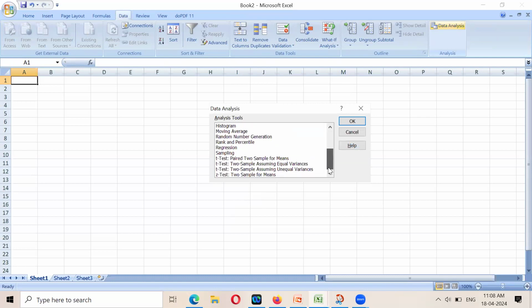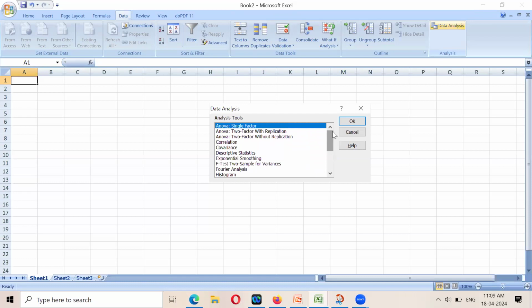Here you can see various statistical tests, like ANOVA: single factor, two-factor with replication, without replication, then correlation, covariance. You can do descriptive statistics also. You can find the F-test for two sample variances, Fourier analysis, histogram, regression, sampling, T-test, Z-test. All of these tests you can do here simply.